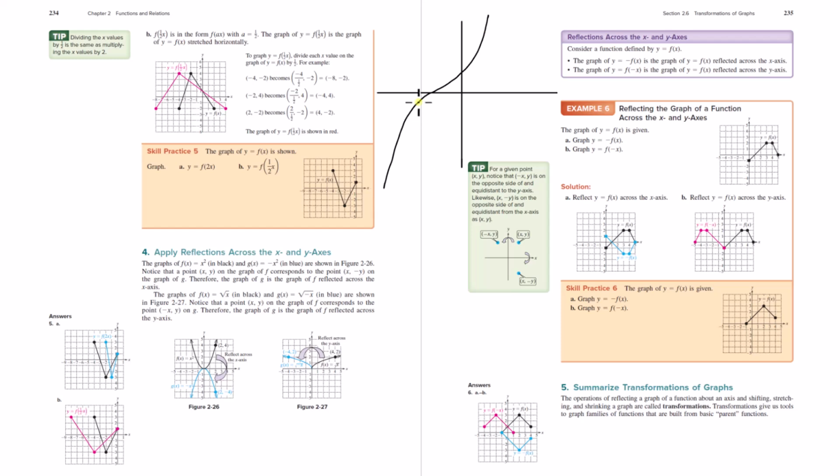Now you want to do your reflections and your shrinking and stretching. If you do a vertical stretch, you're not stretching it about this axis. You're stretching it about an imaginary y-axis that's at where the new origin is. If you do a reflection about the y-axis or x-axis, you're reflecting it about this imaginary axis at where the new origin is. Okay, so let's work some example problems.